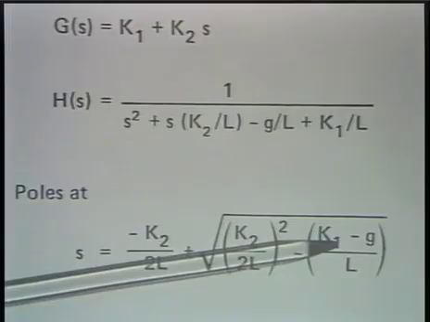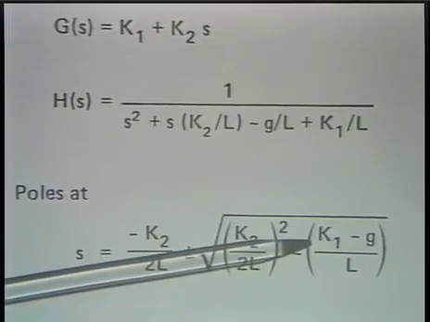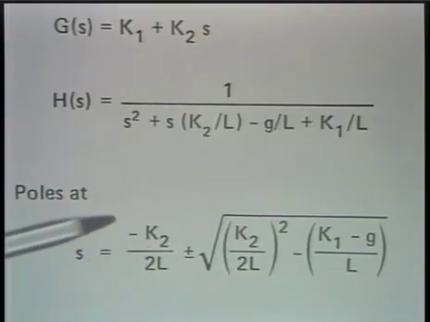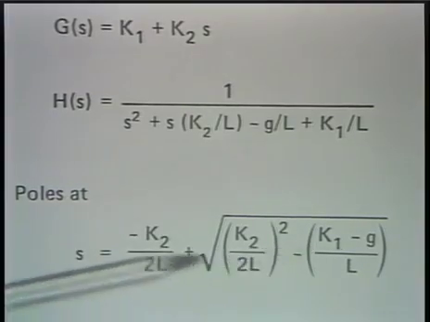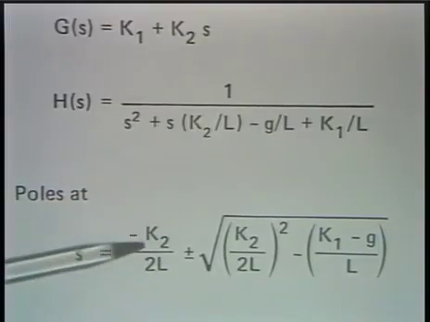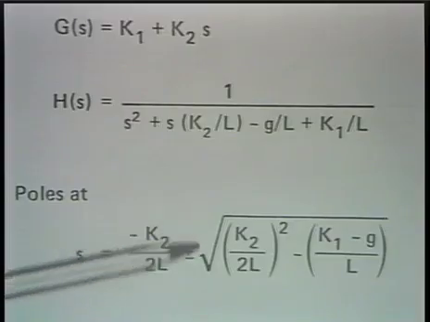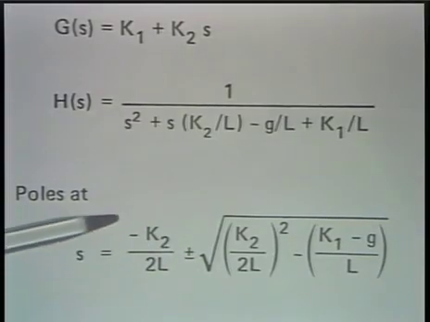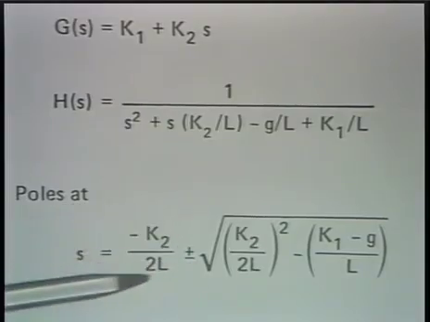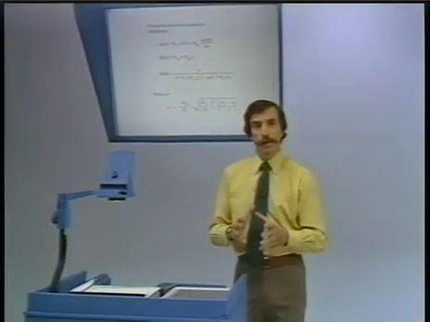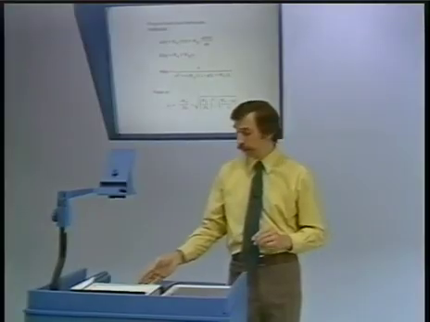We'll first examine this with k2 positive, because as we vary k1, if k2 were negative, that would more or less immediately put poles into the right half plane, and the more negative k2 got, the larger this term is going to get. So, as it will turn out, we can stabilize the system provided that we choose k2 to be greater than 0.